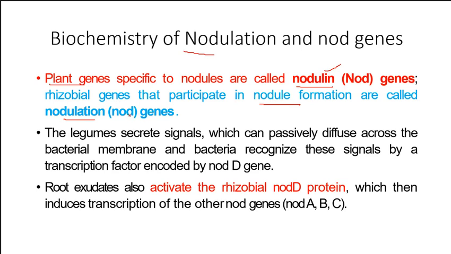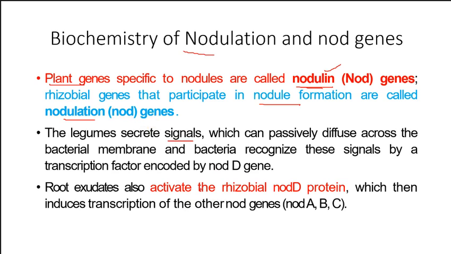The host or plant specific nodule genes are known as nodulin genes. Okay, the question comes from this topic. The plant specific nodule gene is the nodulin gene, and the bacteria specific nodule gene is the nodulation gene. Now what happens? The legume plant secretes signals we already discussed.